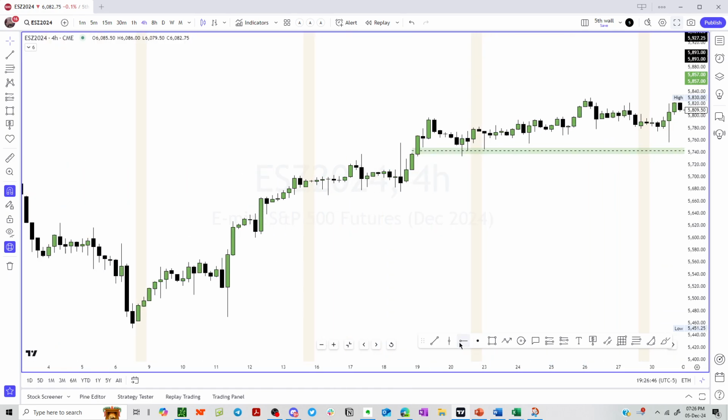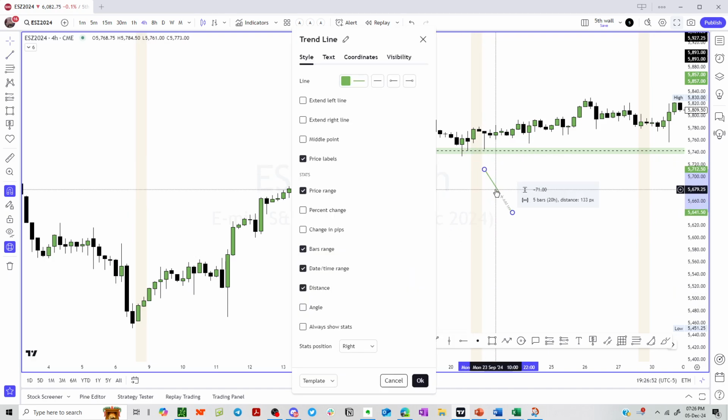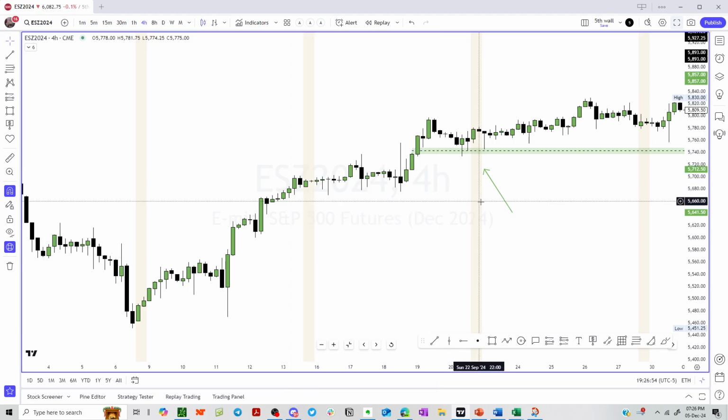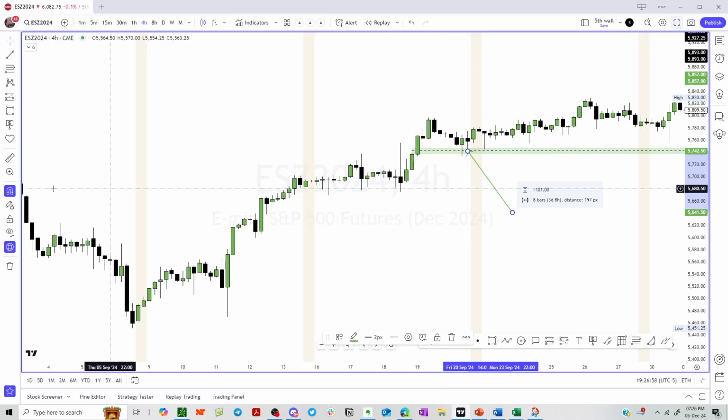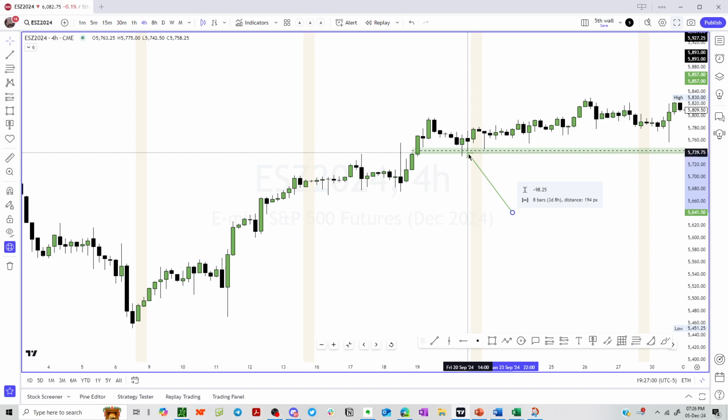Why? Because how does arrow stuff work? Let's see. Because you have price, let's take the magnet off. Have price reacting here.